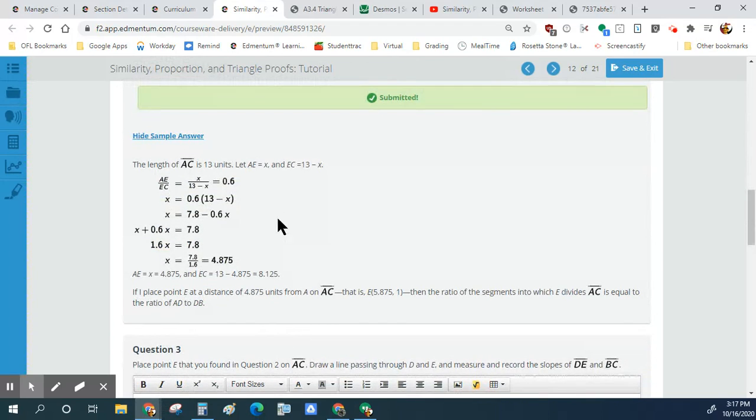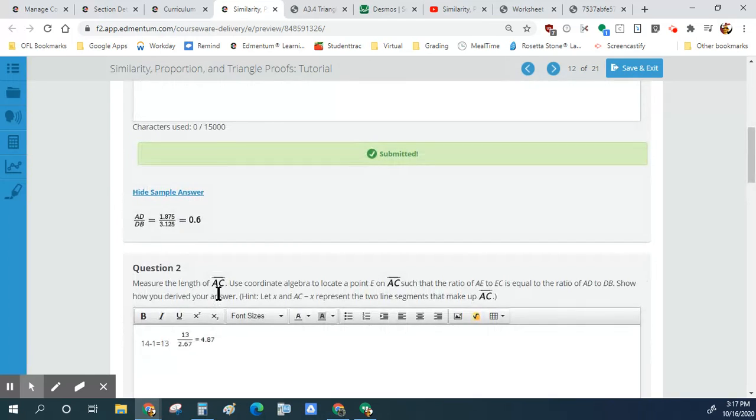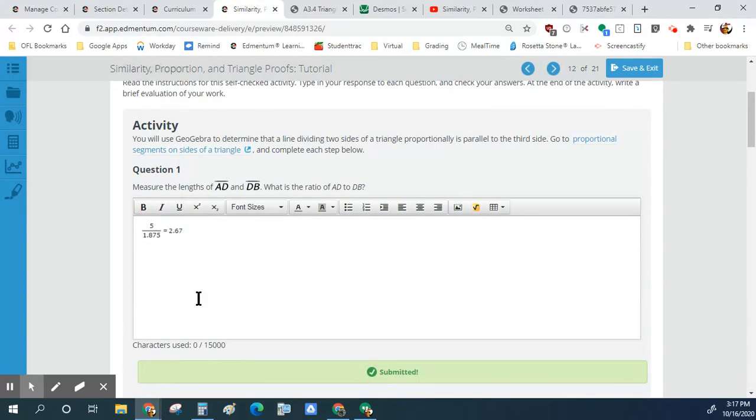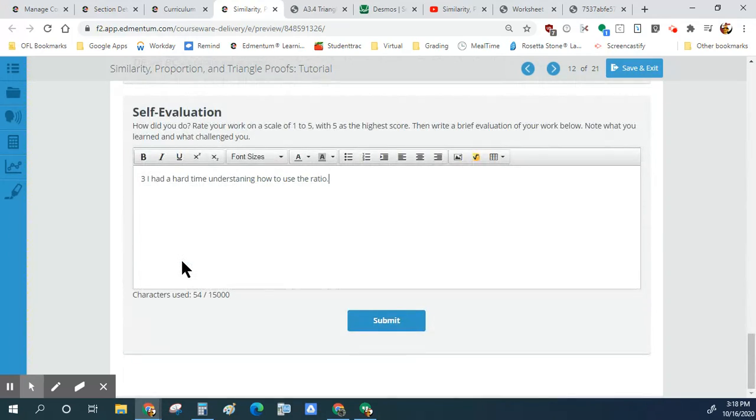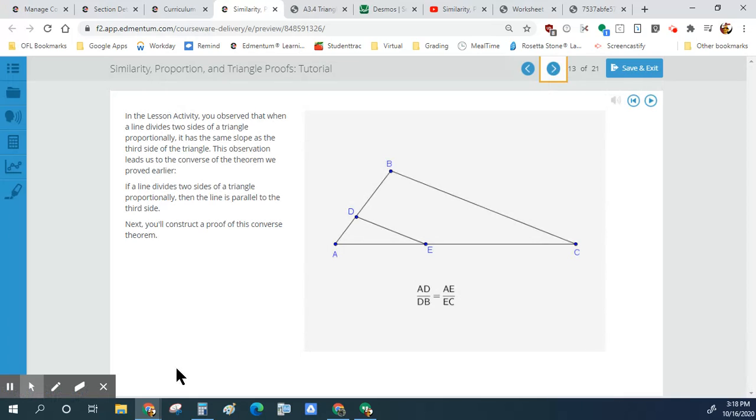And in order to figure out the ratio, they're doing it really weird. They're doing it as x and then the long side minus x. And it's really weird when we can basically just do it as the big one divided by the small one. So ratios are good to use, but I feel like they're making it way more complicated than it has to be. All right, so let's go into this.